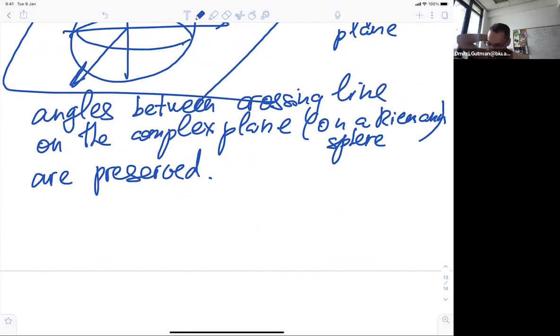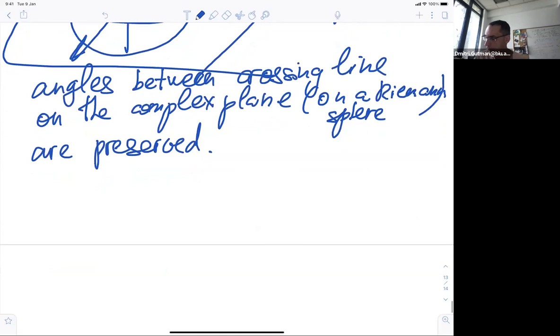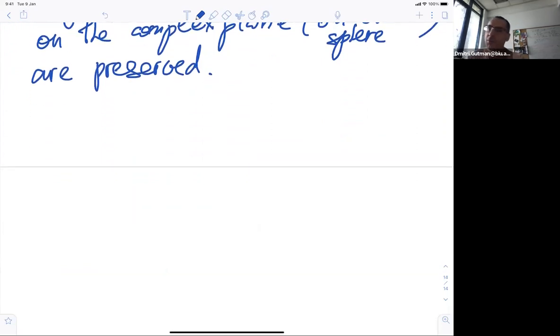Now, there are many functions that preserve angles at some part of the complex plane, but the point is that Möbius transformation is the only transformation that preserves angles everywhere on the complex plane.